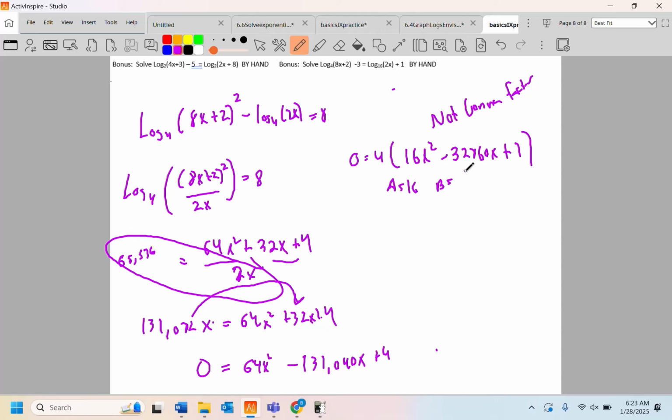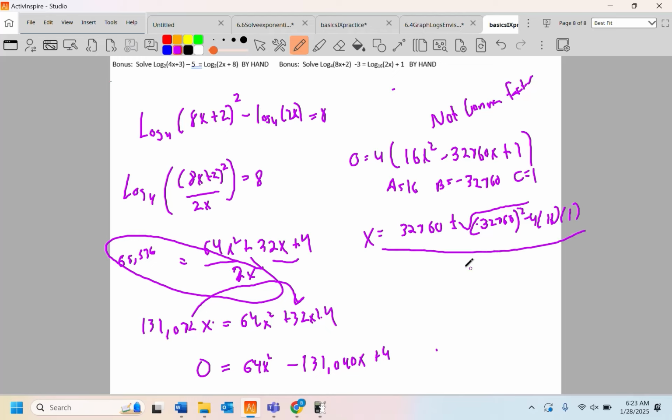A is 16, B is negative 32,760, and C is 1. So x equals negative b plus or minus square root b squared minus 4ac, all over 2a.